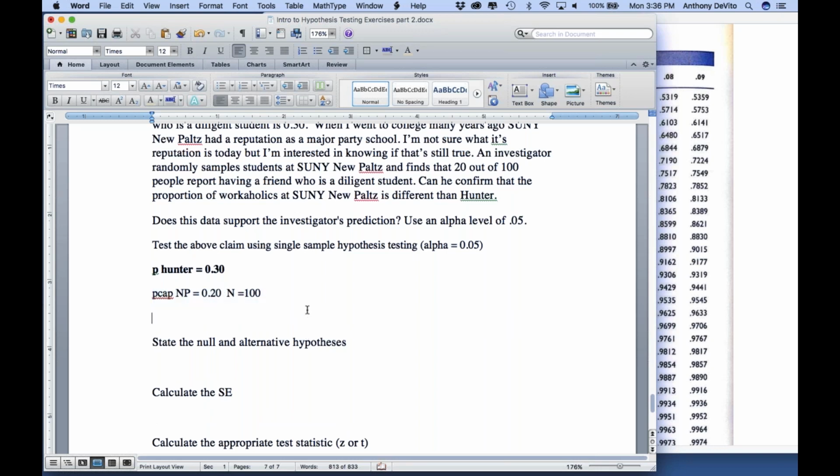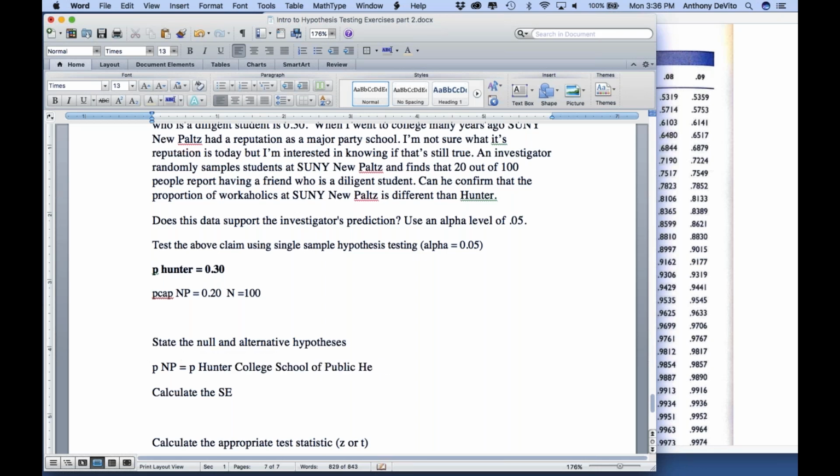Okay, let's state our null and alternative hypothesis. Our null hypothesis is that P, not P cap, but P for New Paltz, the entire population proportion for New Paltz, is equal to the proportion that we know for Hunter.